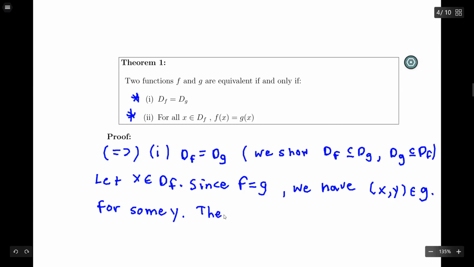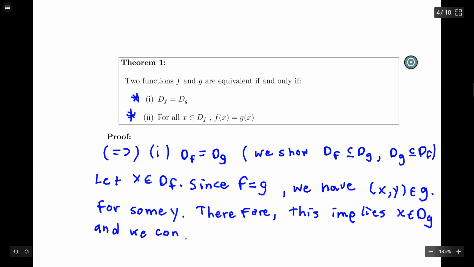Therefore, this implies x is in the domain of G. And we conclude that the domain of F is a subset of the domain of G.